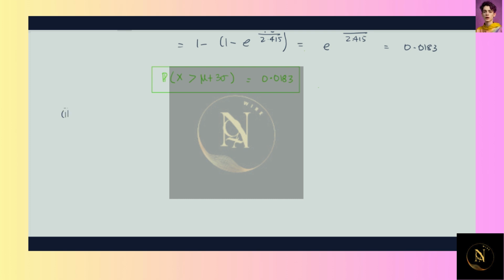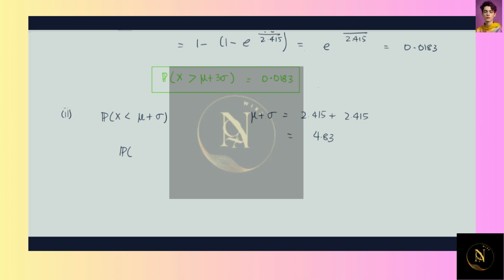And the second subdivision of this question is to find the probability that the rainfall is less than the mean plus 1 standard deviation. So we'll find the mean plus 1 standard deviation, that is 2.415 plus 2.415, which is 4.83.